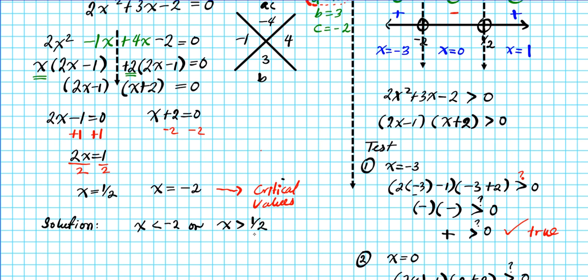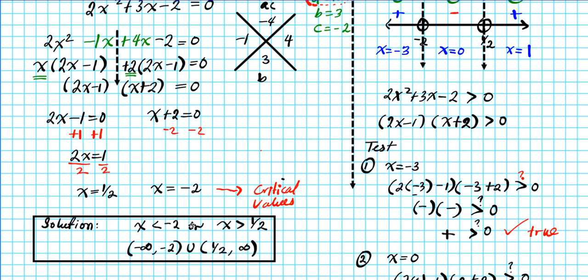If you want to write it using interval notation, you can go from negative infinity to negative 2 union 1/2 all the way to infinity. Okay, so these are the solutions to the quadratic inequality that we have presented in interval and inequality notations.